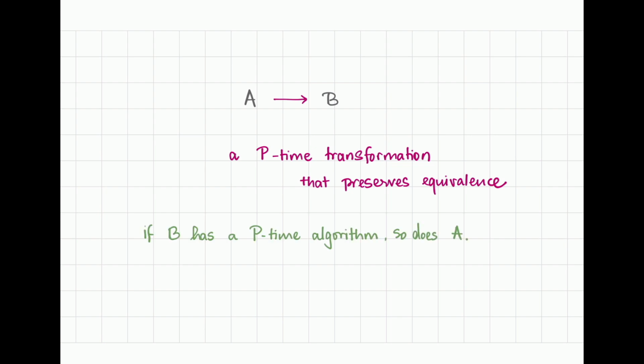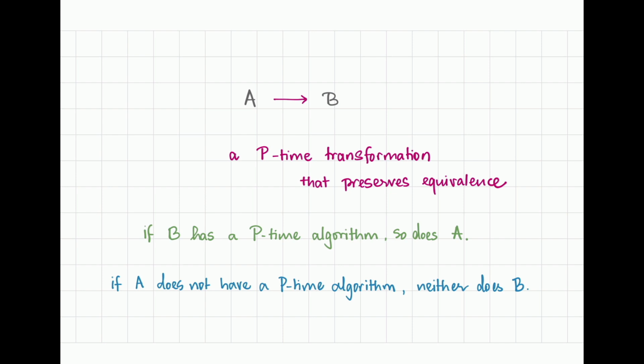If the target problem B has a polynomial time algorithm, then so does the source problem A. And remember, we get this implication by chaining together the reduction with the algorithm that we know for B, and this amounts to being an algorithm for A. And the reason this is a valid polynomial time algorithm is because of the two properties that we just saw that the reduction has.